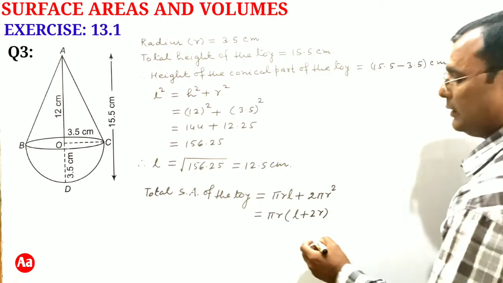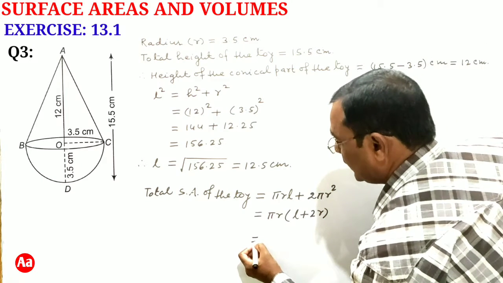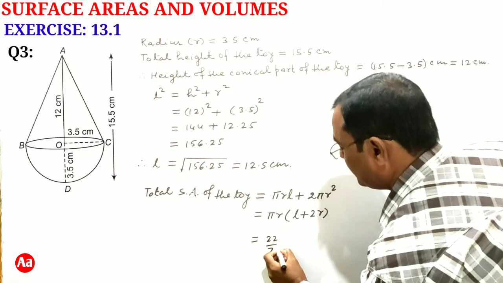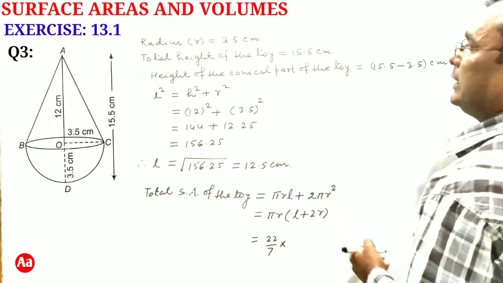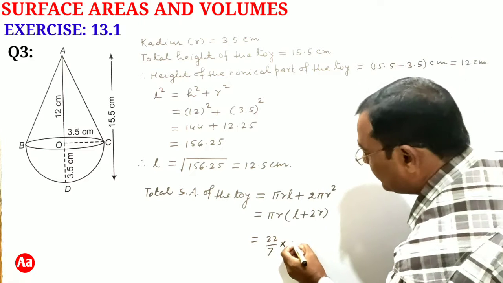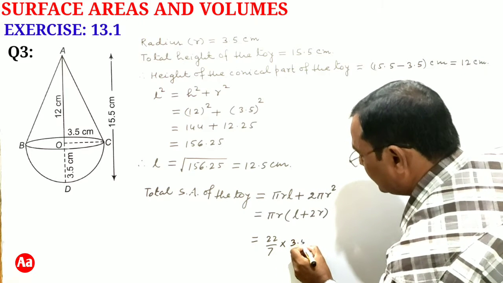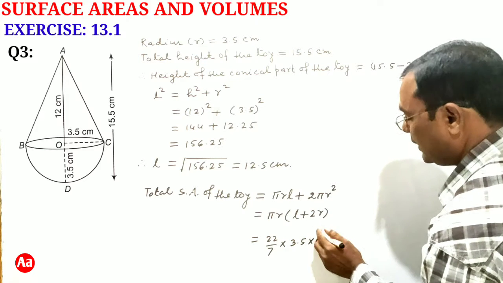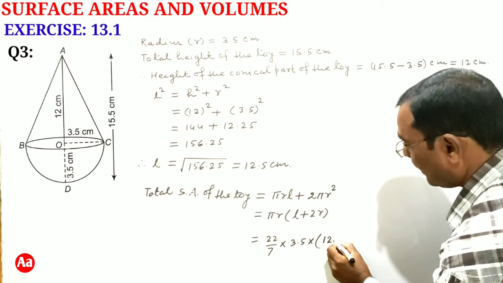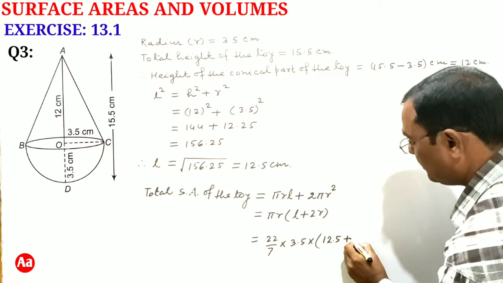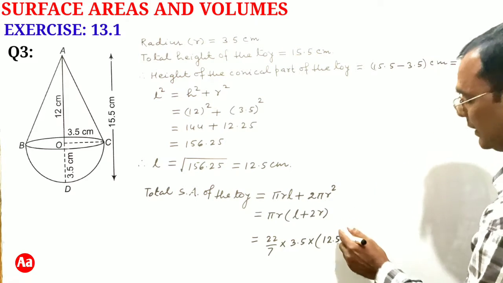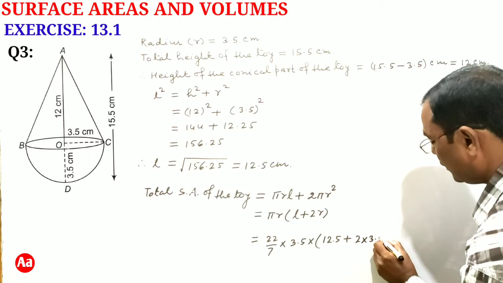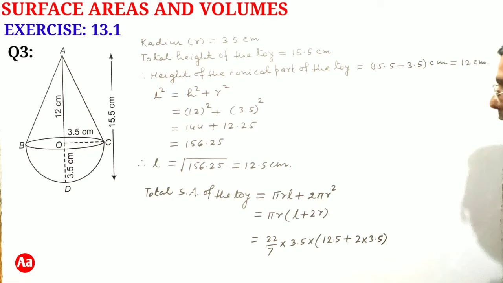Now put the values of the variables in this formula, that is pi 22 by 7 into radius 3.5 into slant height 12.5 plus 2 into radius 3.5 centimeter.